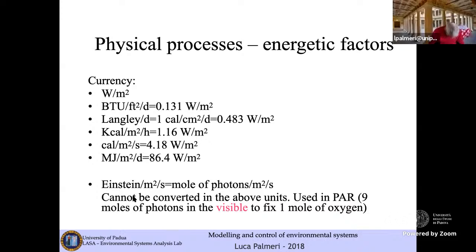So you may employ all these units or currencies. Typically, the conversion factors between the general currencies, watts, BTU, Langley, calories, and megajoules, are this one.